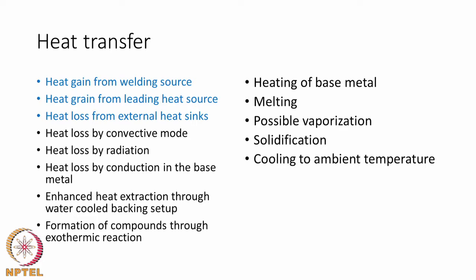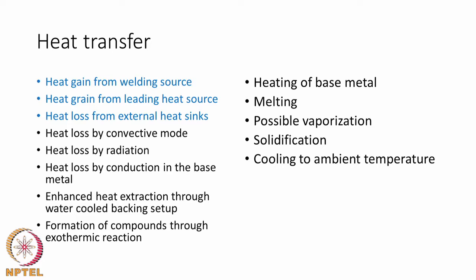And during heating, what normally happens is we have the heating of the base material, and then eventually the melting point will be reached, and then we have the melting of the material forming the liquid melt pool. And then sometimes the temperatures could reach high enough that locally evaporation also can take place.